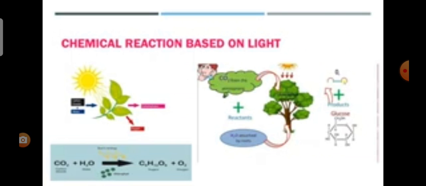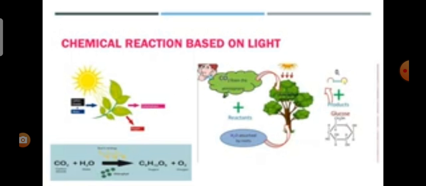The next one is chemical reaction based on light. What will happen if there is no sunlight? Yes, all the living organisms will be affected and there will be no food for us to survive, is it not? Sunlight is important not only for us but also for plants.